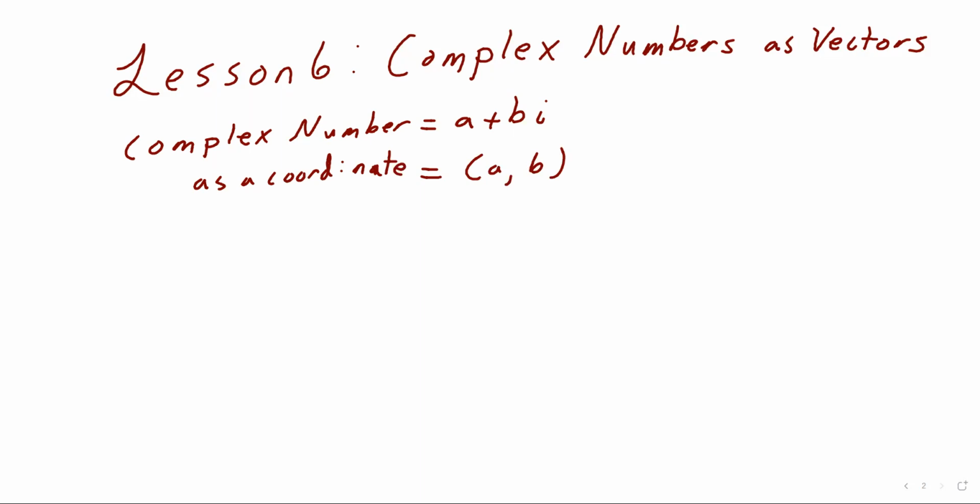We'll go with this. So what you're going to now see is what we like to call vectors. Vectors tell us direction and distance.